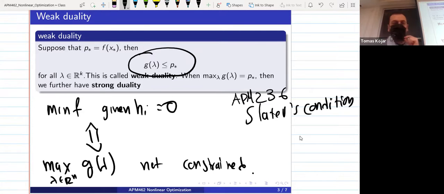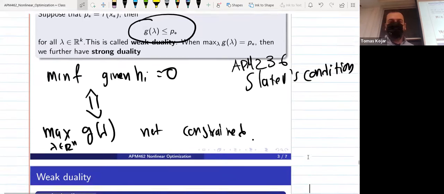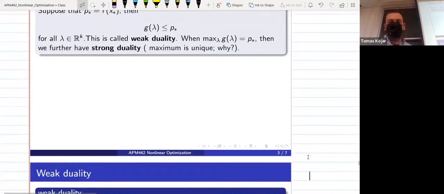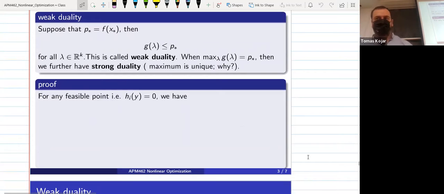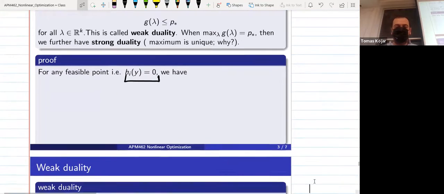Okay, so let's prove this lower bound. And just from that, we'll get many results. All right. When a point is feasible, meaning it satisfies the constraints, we have the following.